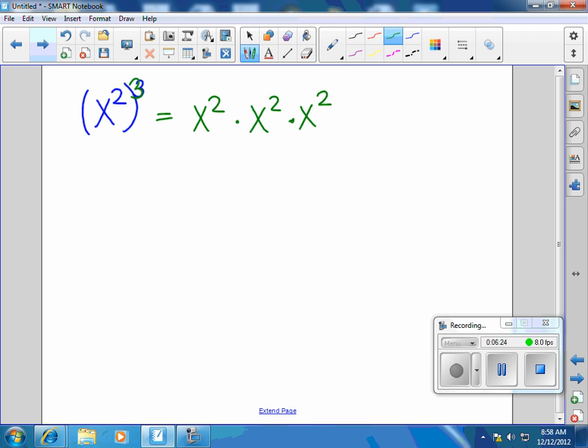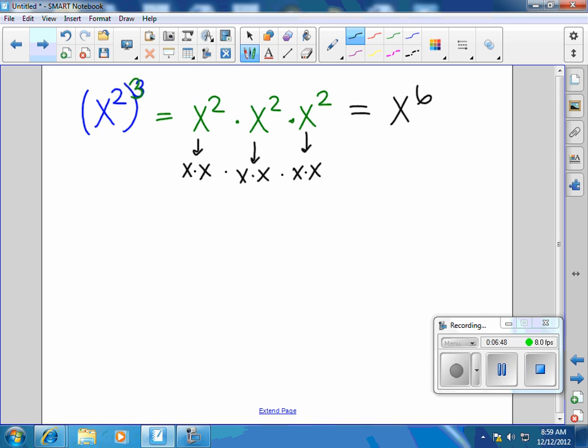And we can remember the rule that we just learned, that if you have the same base, you could add all those together, or we could go one step further if we also forgot that rule. This means that I have x times x times x times x times x times x. So all together here, we end up with 6 x's.